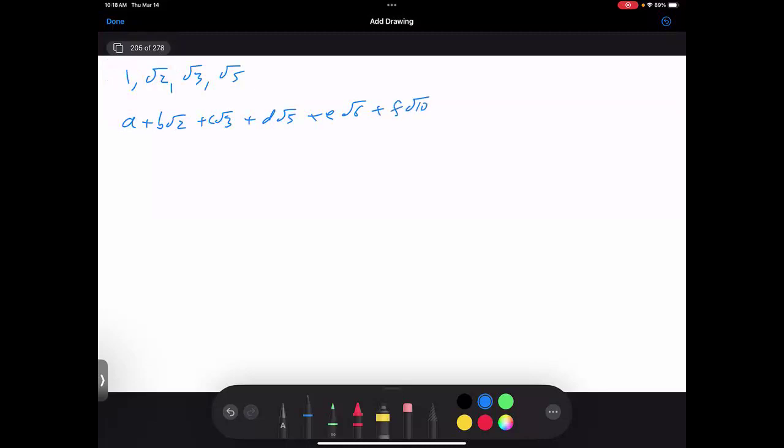What's next? Plus g root 15. Anything else? h root 30. So this is 8. So this looks like an 8-dimensional space.